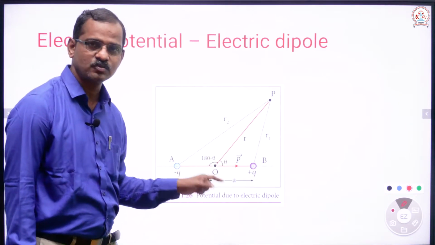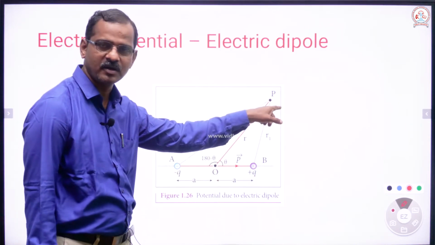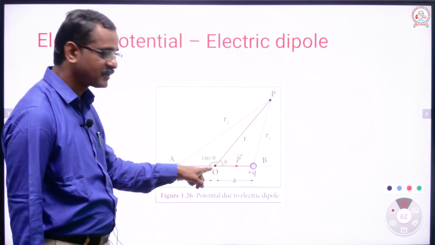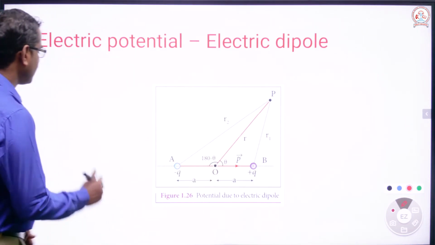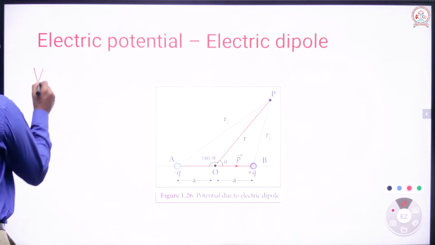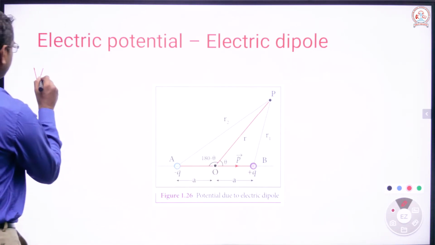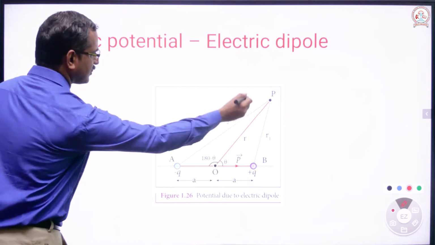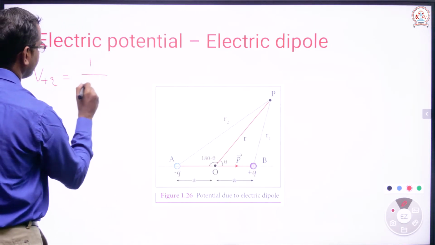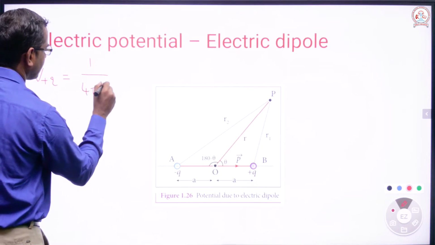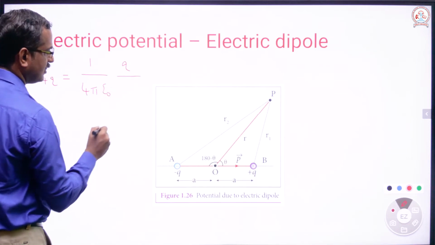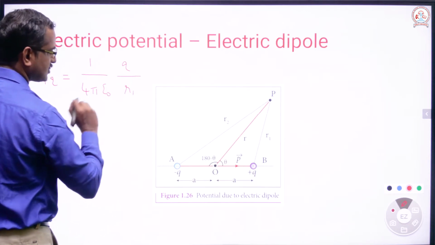In all the cases we are considering the distance of the points from the center of the electric dipole. Here also, the electric potential due to plus q is equal to 1 divided by 4 pi epsilon naught, charge is q, and the distance is r1.